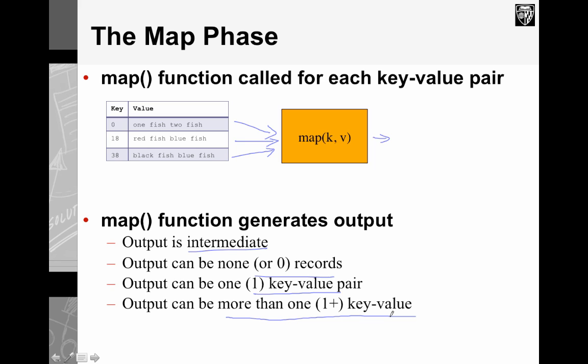Now in this case, we are doing word count. So the algorithm here is, let's take every line, parse the line and generate each word with the number 1 associated with it as the key value.